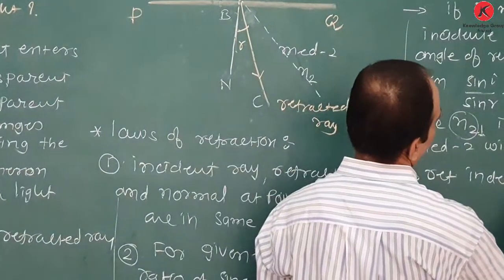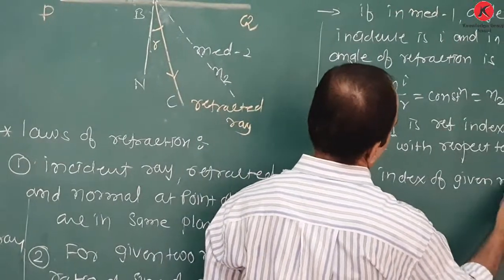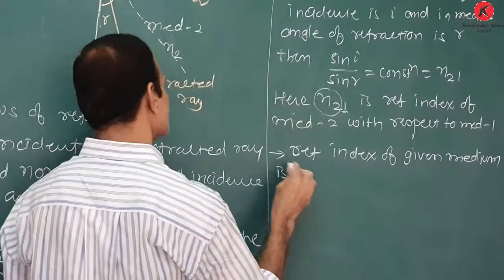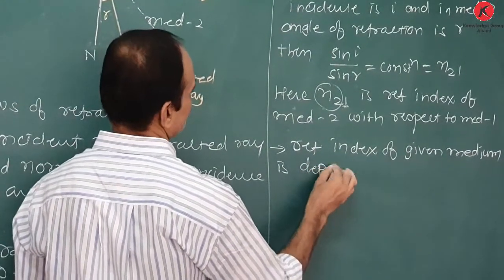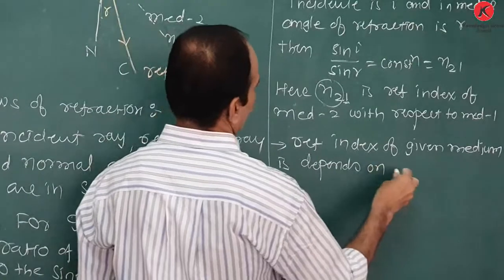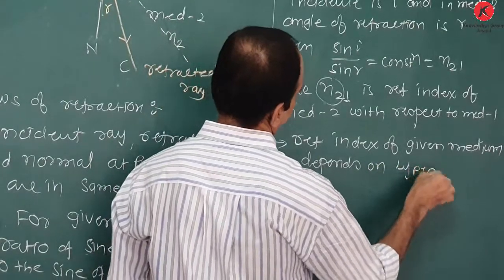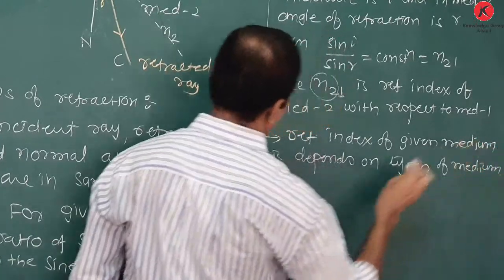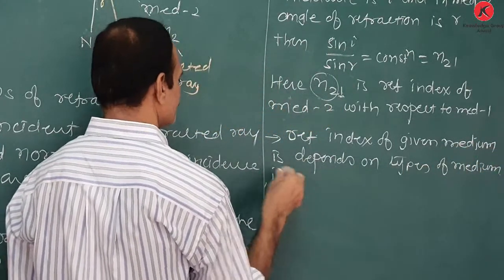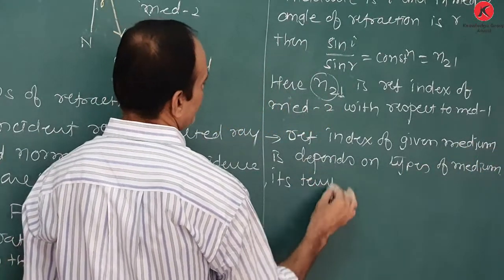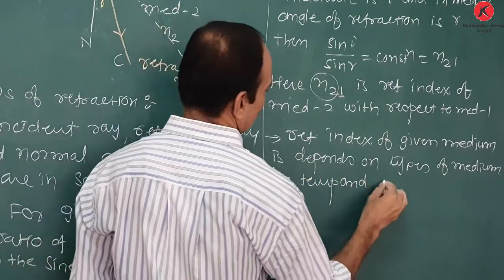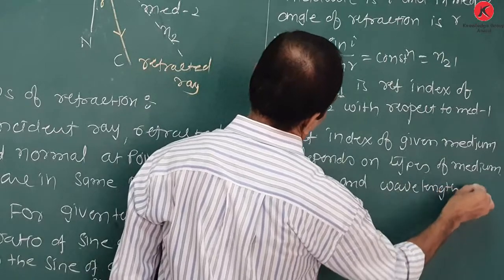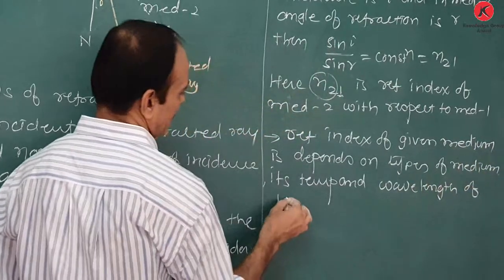Now, the refractive index of a given medium depends on the type of medium, its temperature, and the wavelength of light.